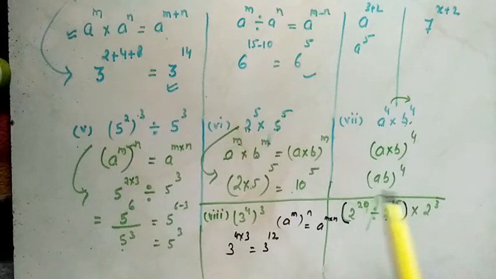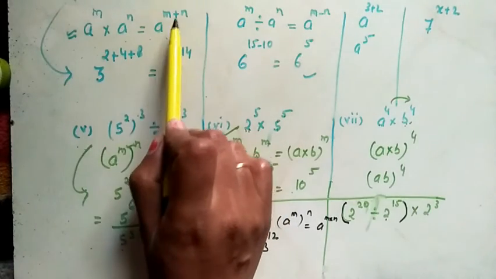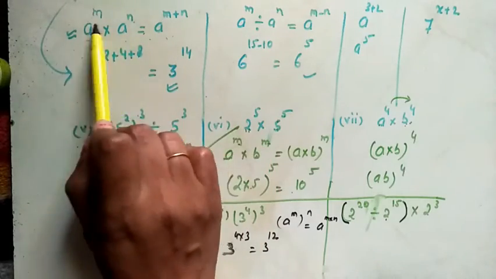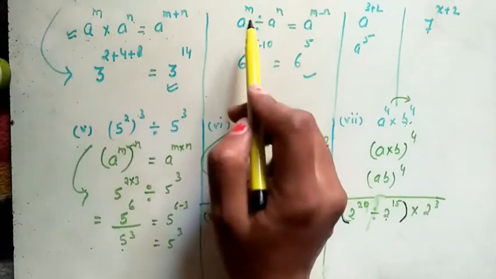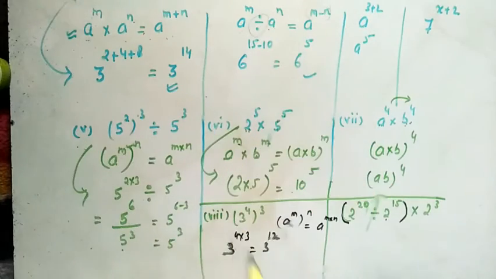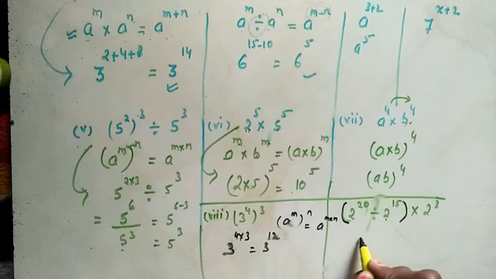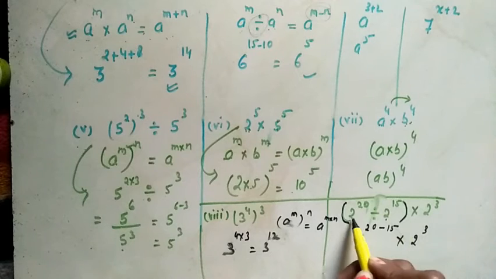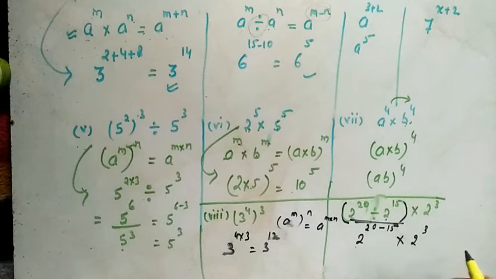When the base is the same and you have to divide, then the powers get subtracted. So 2 to the power 20 minus 15 into 2 to the power 3. We have solved that, so 2 to the power 20 minus 15, that is 2 to the power 5 into 2 to the power 3. Now the bases are the same, the powers are different, so the same formula will apply. 2 to the power 5 plus 3, the powers get added. So it means 2 to the power 8.